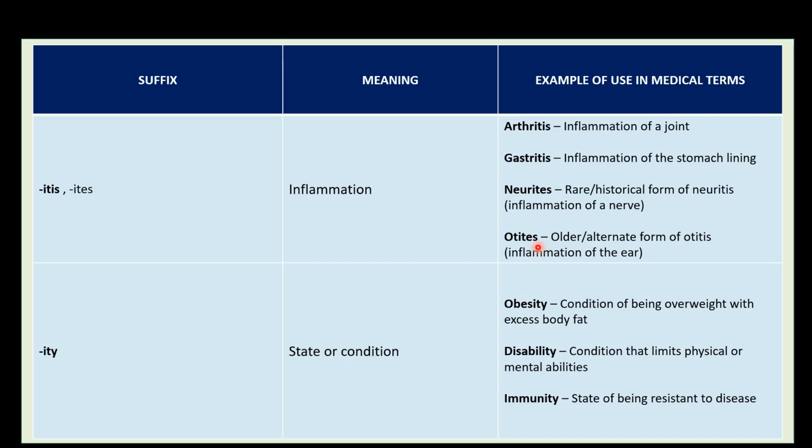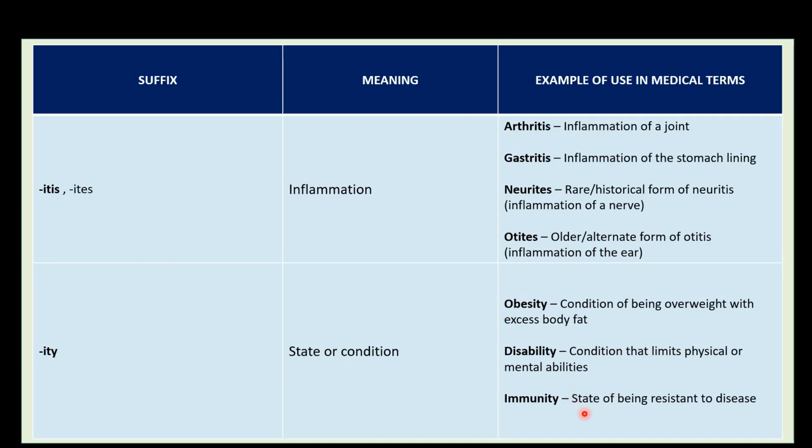In the same go, we will talk about -ity. Ity means state or condition. Again you can see this is a suffix that we are using to denote some condition or state, and the examples are obesity. Obesity means condition of being overweight with excess body fat. Likewise we have disability, which is a condition that limits physical or mental abilities.